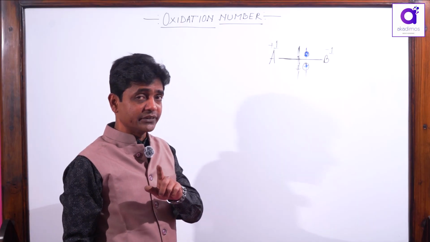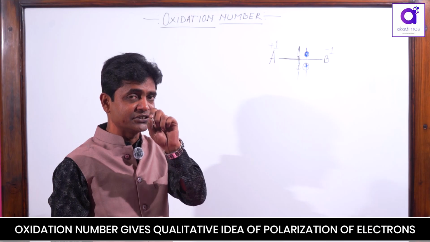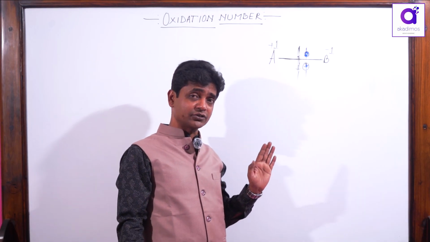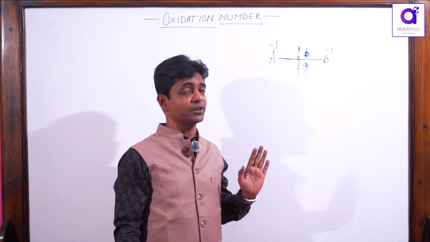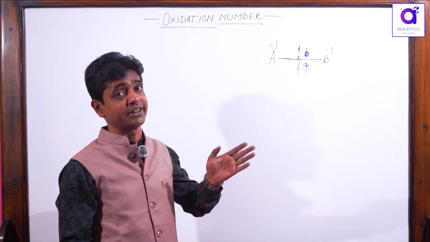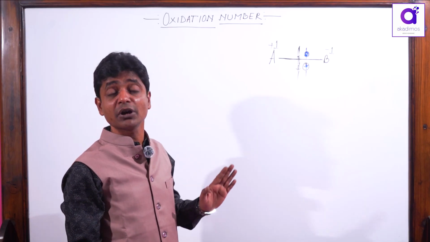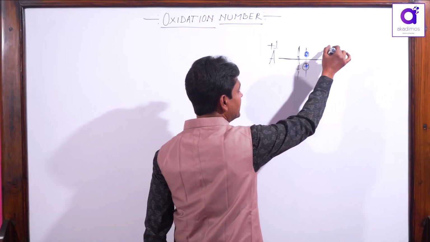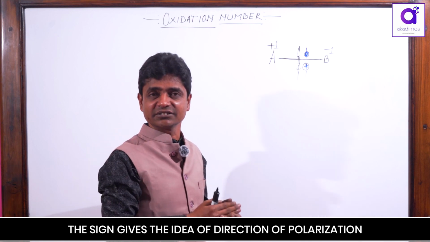What I told you, it will give a qualitative idea of polarization of electron. That means what amount of electron cloud polarizes, that idea you will not get from oxidation number. That idea you will get from the dipole moment measurement. Here the significance of the sign in oxidation number is the direction of polarization.